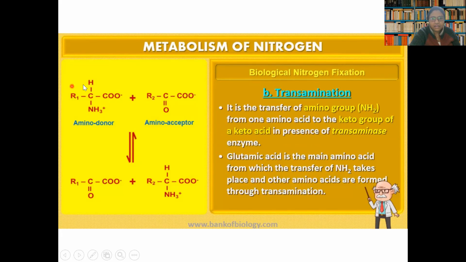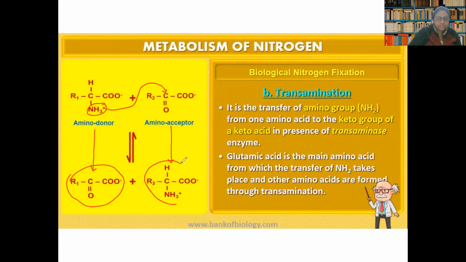That means if this amino acid is a donor amino acid which has an ammonium ion present in it, this is shifted to an amino acid acceptor. So this is my donor, which is converted into a structure without the amino group, and the acceptor finally has the amine group and is converted into an amino acid.